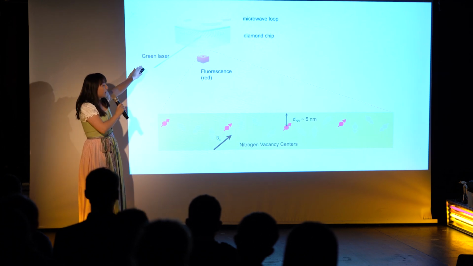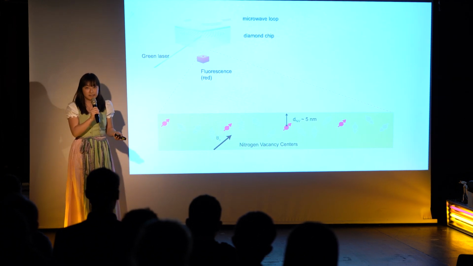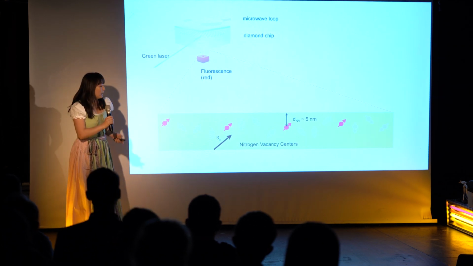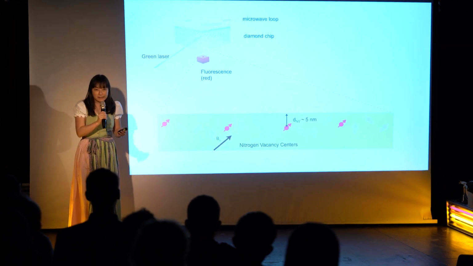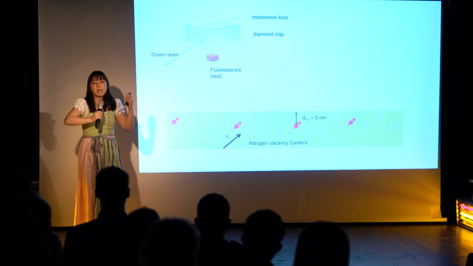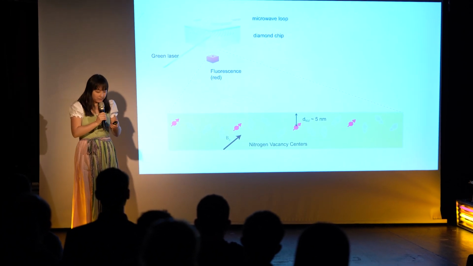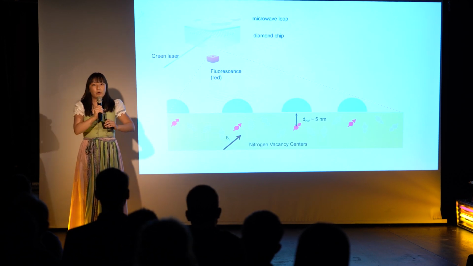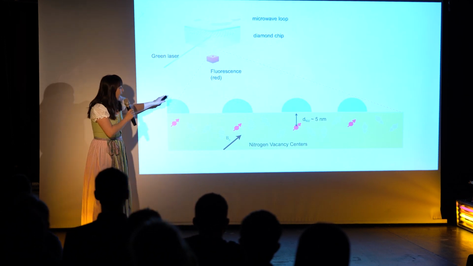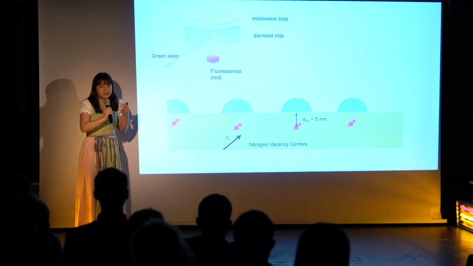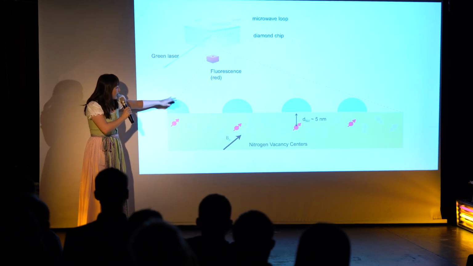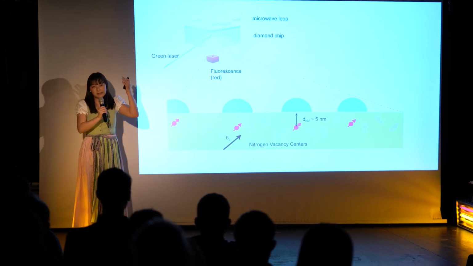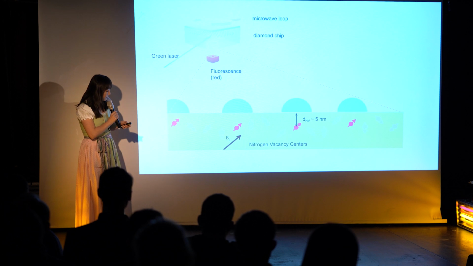We can use green laser to activate these sensors, and they fluoresce red light. The fluorescence is dependent on the spins around the sensor. So each NV sensor can see spins about a hemisphere with a radius as deep as it is.